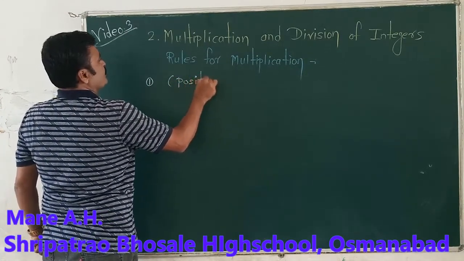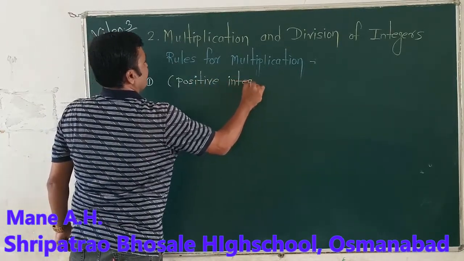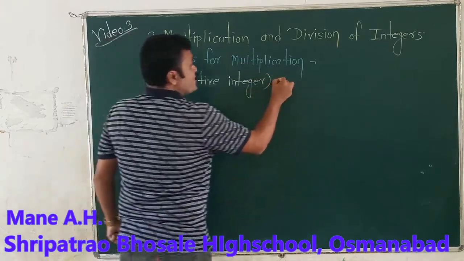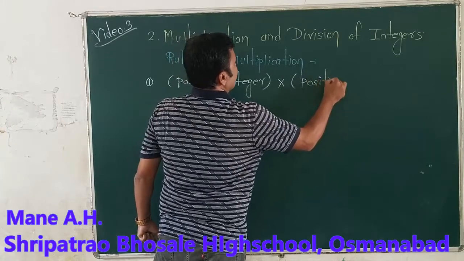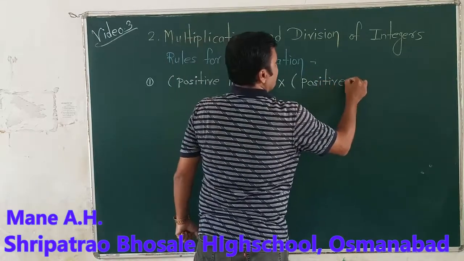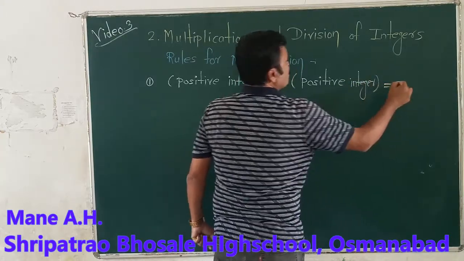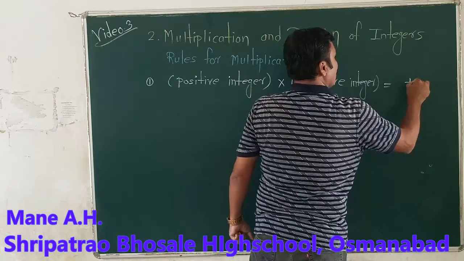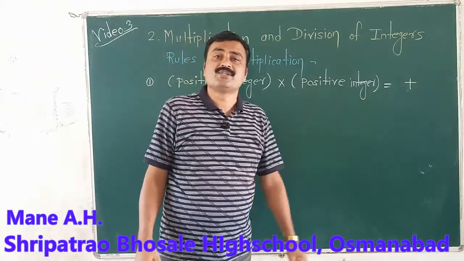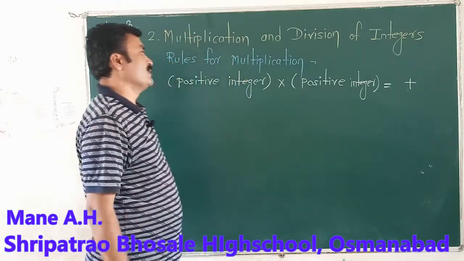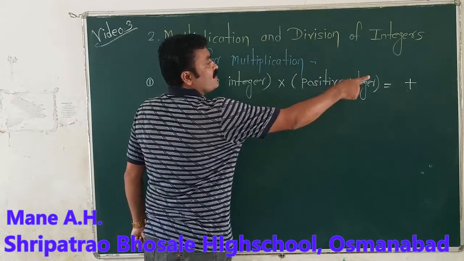positive integer into positive integer is equal to, I am stating the product in terms of the sign, that is positive integer, that's important here, that is plus into plus, we always get plus.